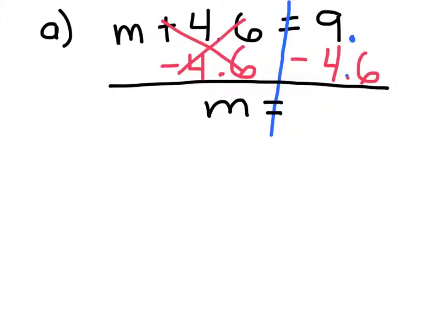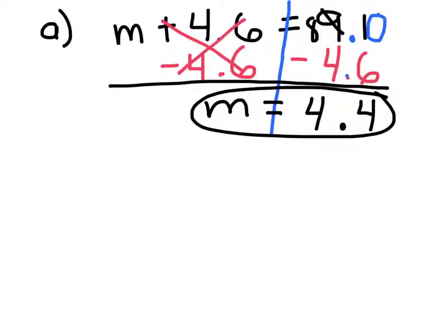I'm going to give this 9 a decimal and a 0 so I can subtract it. Now we're going to subtract it. This 9 is going to change to an 8. Carry the 1 over here. We get 4. That decimal comes straight down. 8 minus 4 is 4. So my solution to this problem is m equals 4.4.